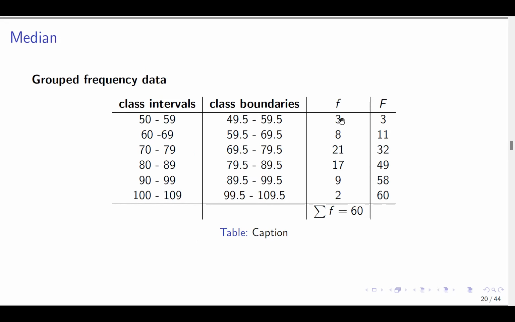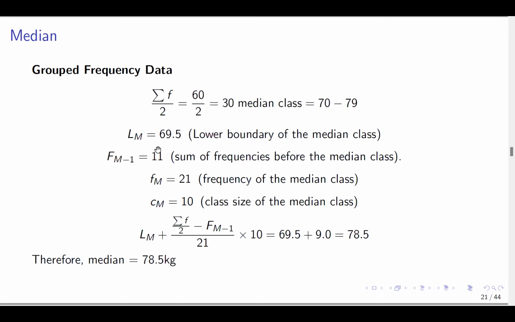So let us start. 3 plus 8 is 11. 11 plus 21 is 32. So 30.5 is in this row, all right? And the corresponding class interval is 70 to 79. So our median class that we are going to work with is 70 to 79.